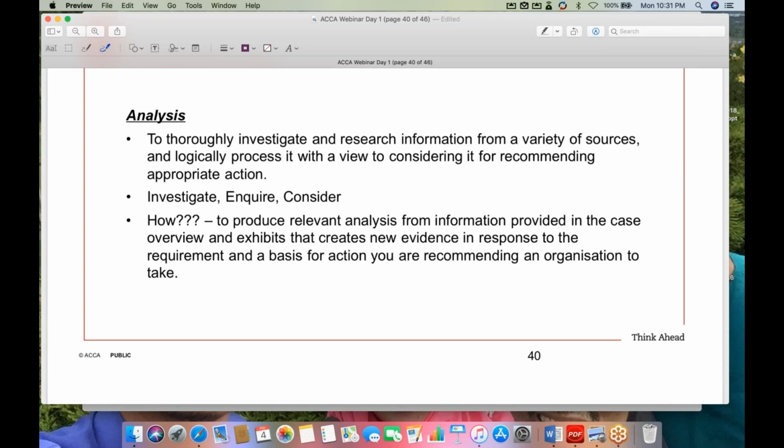All right, so this is what investigate, inquire, and consider is all about, and which reflects the analysis skill. So later on, I'll be using the September 2018 questions, okay, to demonstrate how you're supposed to be writing, okay, and reflecting this particular analysis skill. All right, this one I'm just going through with you what they are.